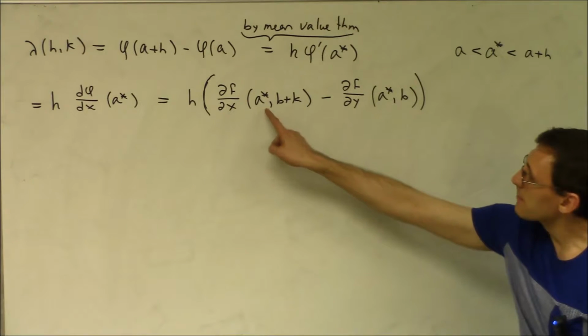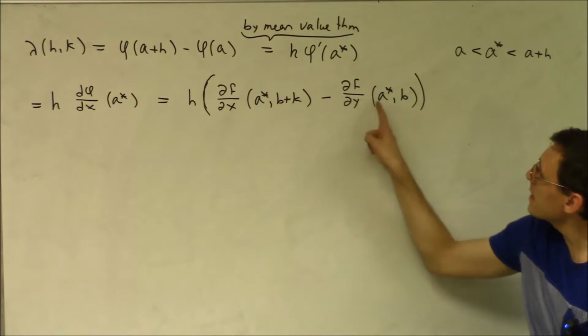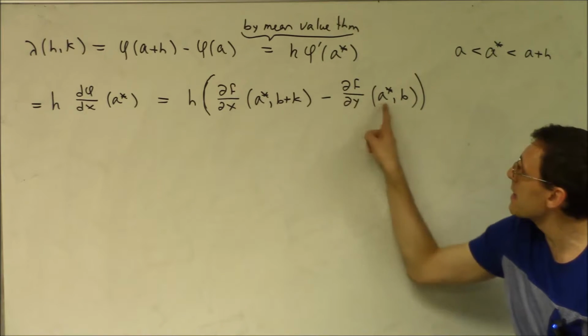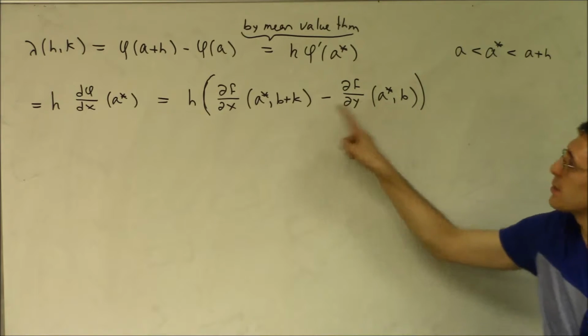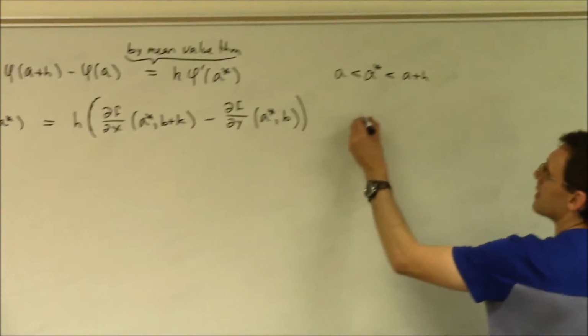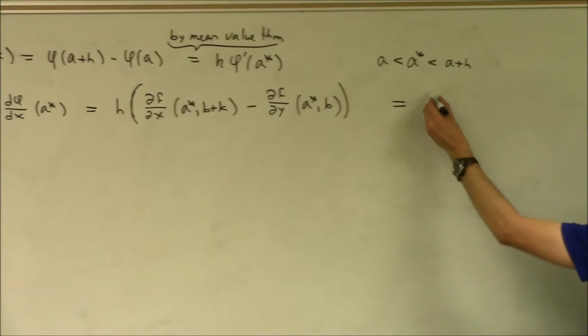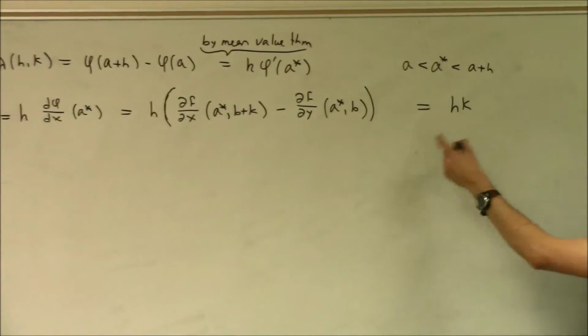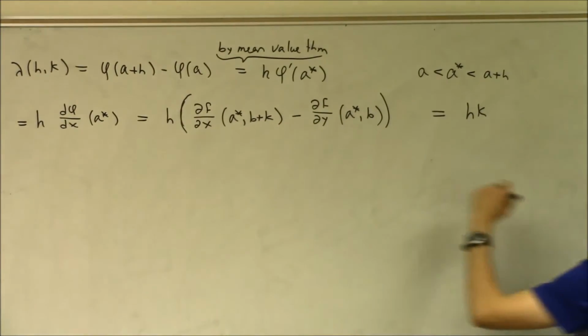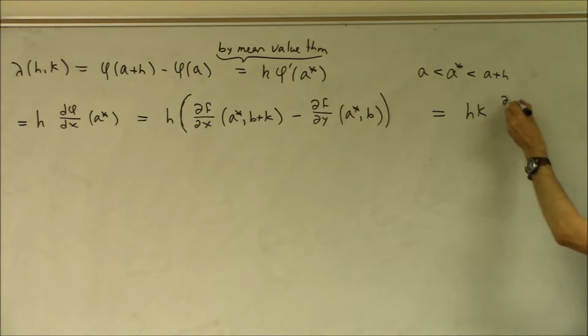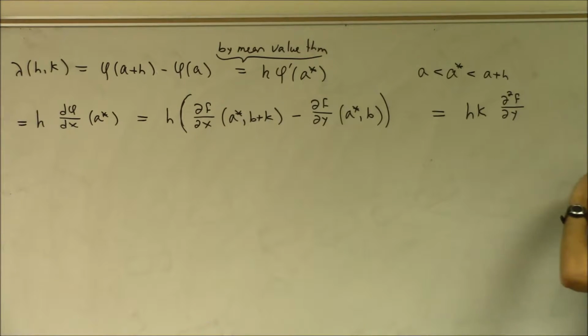But look at this thing. This is a star, b plus k, and a star, b. They are the same a star, which means I can apply the mean value theorem again, but this time with respect to y. So again, this is now equal to h times k, where k comes from here. And now this is the mixed partial, the derivative d squared f at a star, b star.